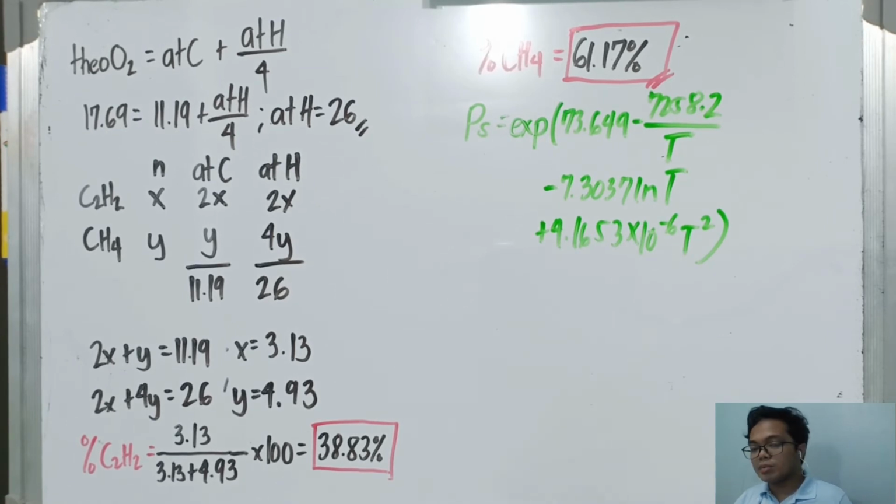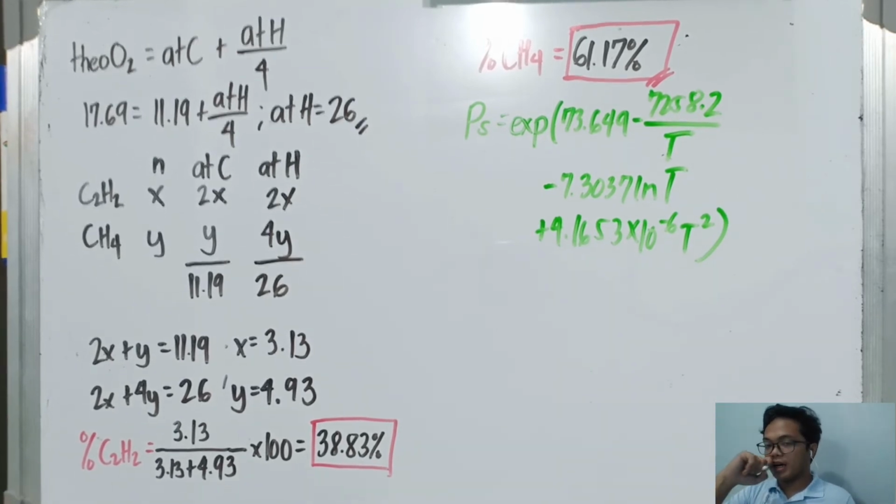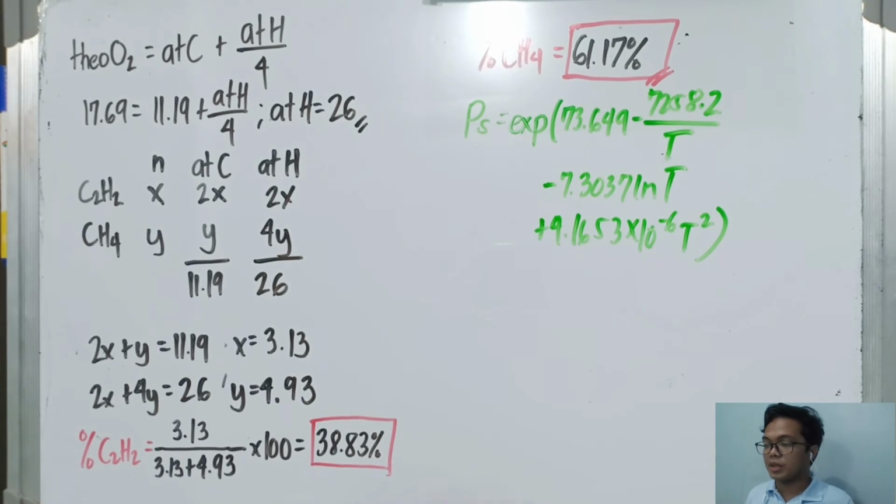On the transcript, you're gonna see this PS is multiplied by 760 over 101,325. That's because this formula is used to get PS in terms of pascal, not kilopascal. So that's why there is a conversion of 760, which is mmHg or torrs, and then we're dividing it by 101,325, which is in terms of pascals.